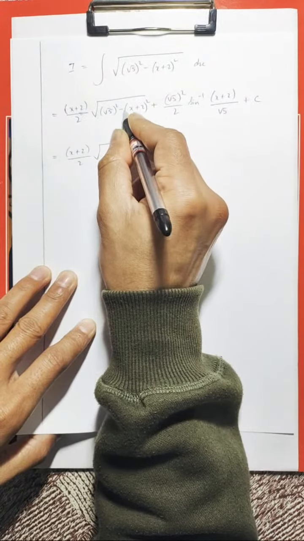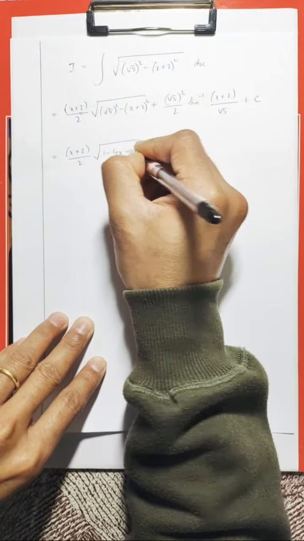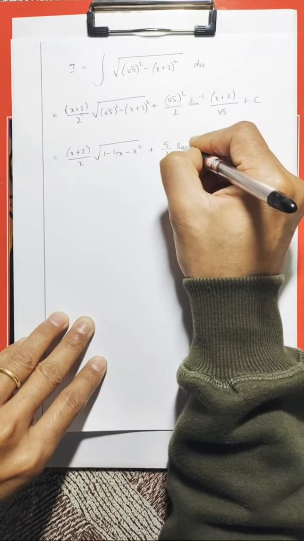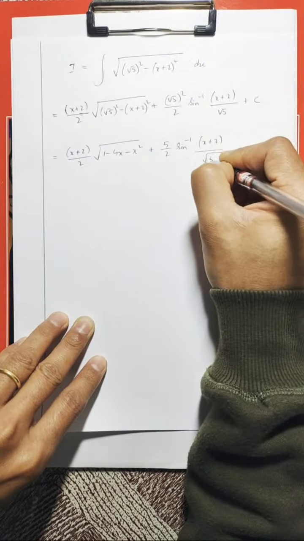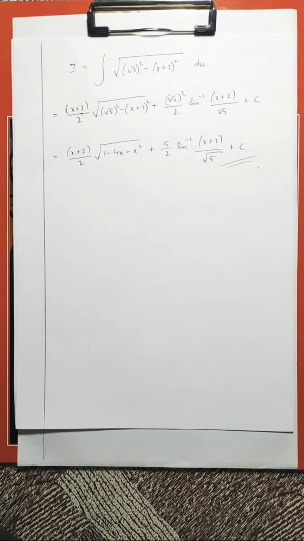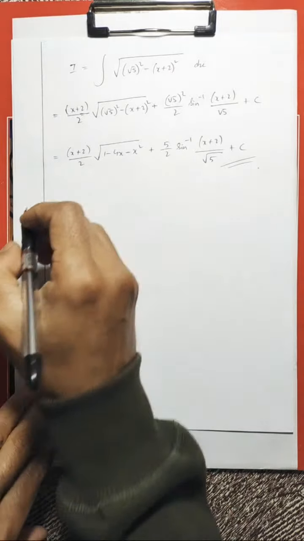This value again directly we can use from the question. 1 minus 4x minus x square. This is 5 by 2 sine inverse of x plus 2 by root over of 5 plus c. Done.